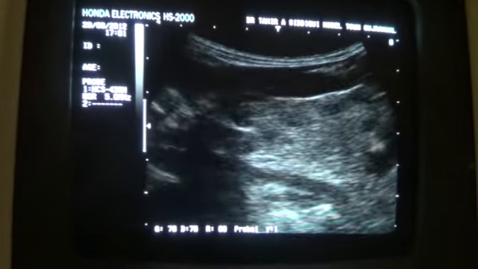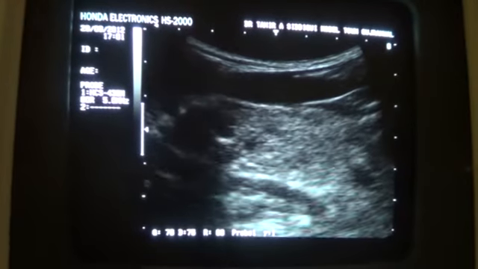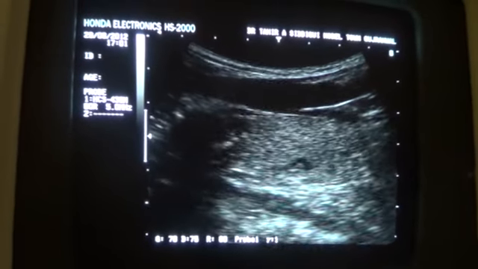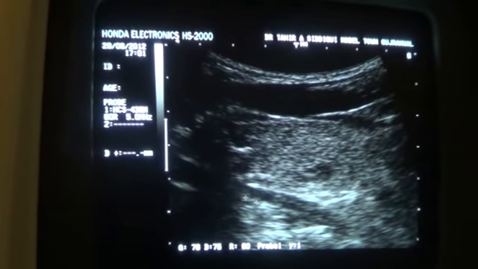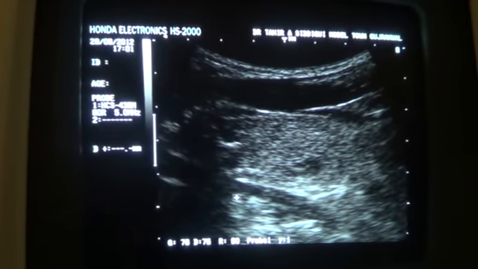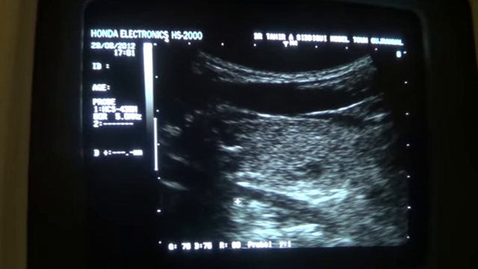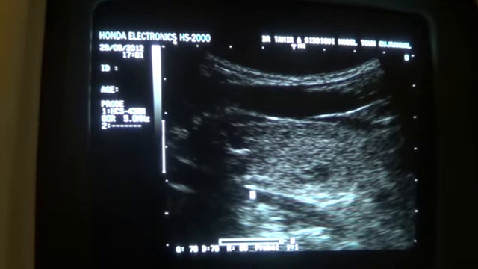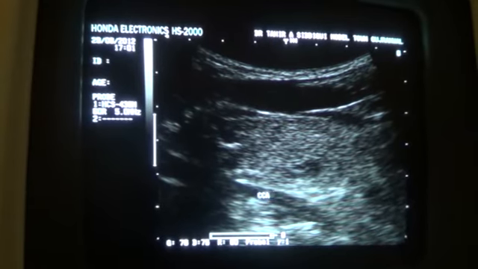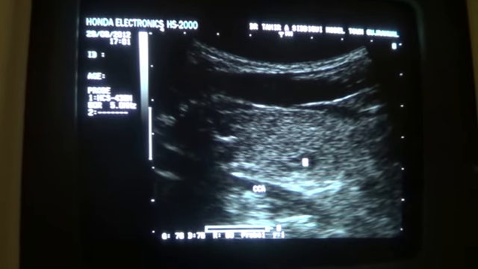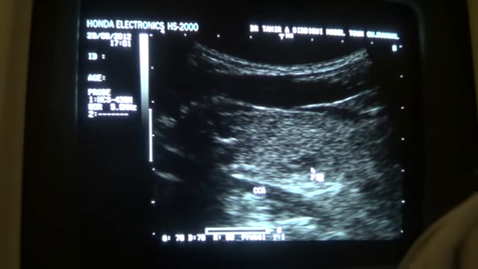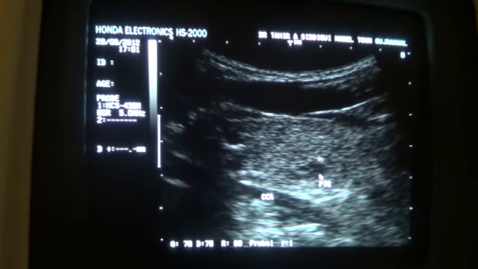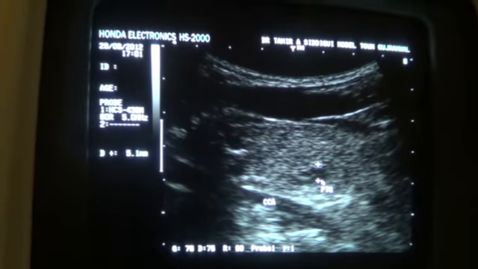So this left lobe in longitudinal section is normal. This is the common carotid artery, which is normal in caliber, and we are seeing the common carotid artery in longitudinal section. This is the parathyroid gland. They usually measure less than 5 millimeters.